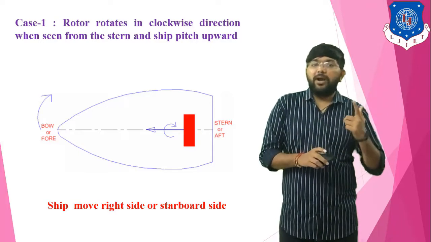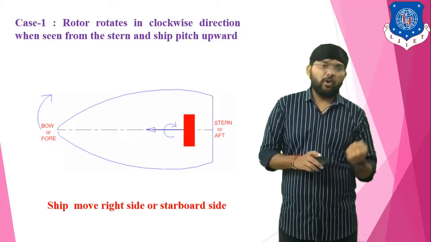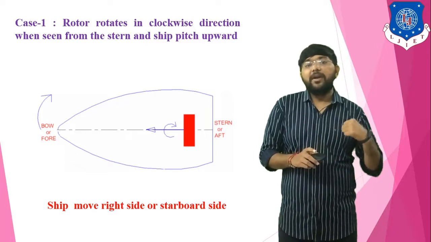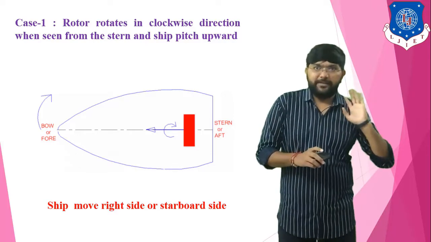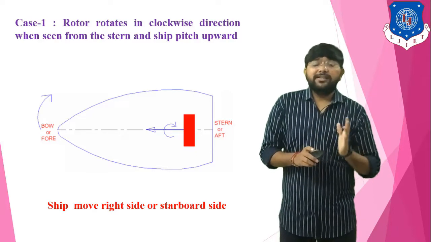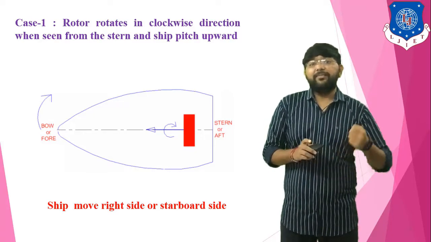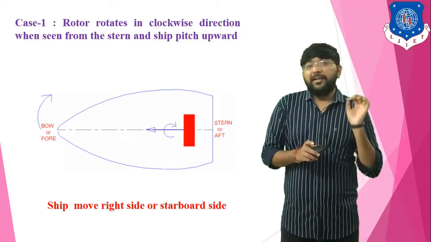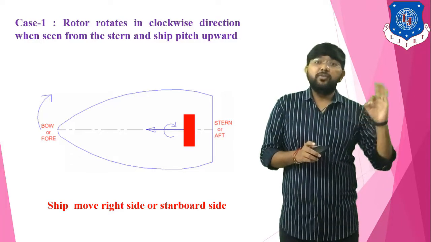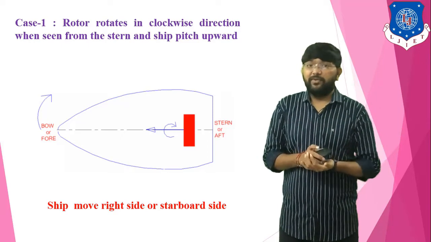So case number one: the rotor rotates in clockwise direction, the ship pitches upward, seen from the stern side. In this case we have to use the fundamental of resultant force. You all know the body always tends to move in the direction of the resultant force.